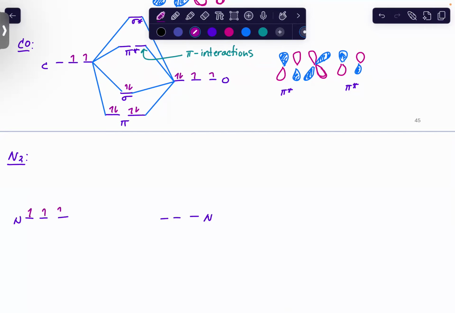No, so look, 1, 2, 3, 1, 2, 3, because your nitrogen is going to be, okay, your 2p3. We're only worried about those 3 electrons for each side, the 2p orbitals. Then you're going to have your pi, your sigma level, pi star, sigma star.